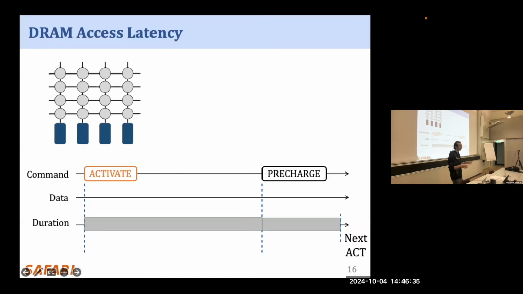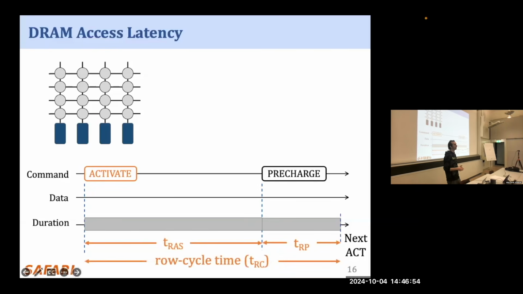Two or three important DRAM timing parameters that we will talk about today: first tRAS, which denotes the minimum amount of time a row must remain active before we can safely close it, and tRP, which denotes the minimum amount of time you need to wait after closing a row before opening another one. These two DRAM timing parameters combined are denoted as tRC, the row cycle time, which defines how frequently we can access DRAM rows in the same bank.